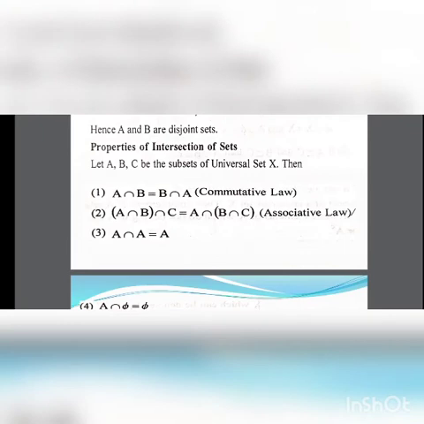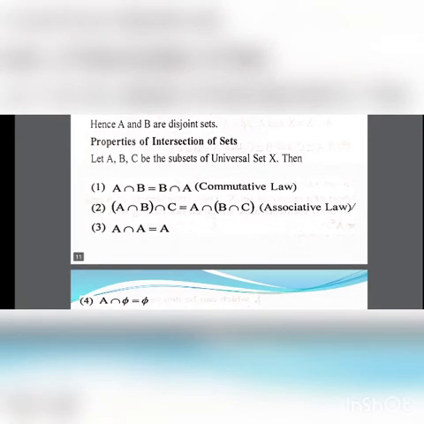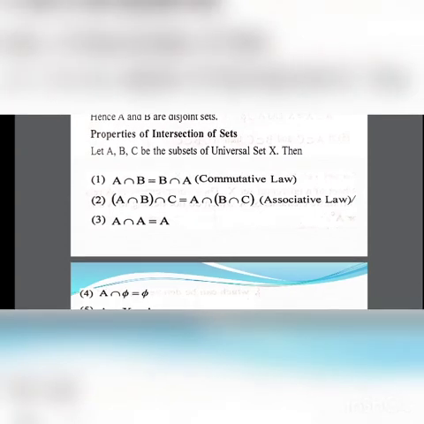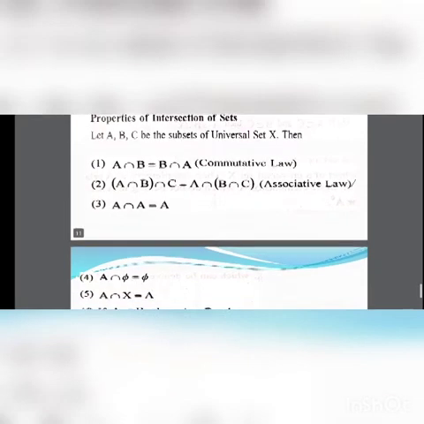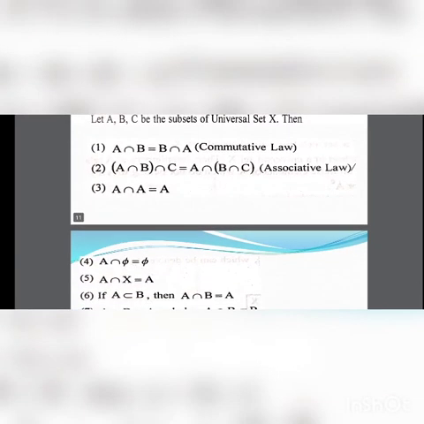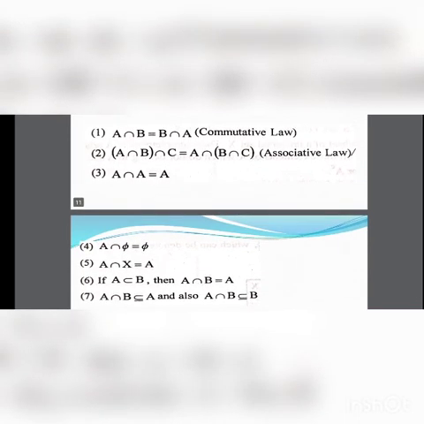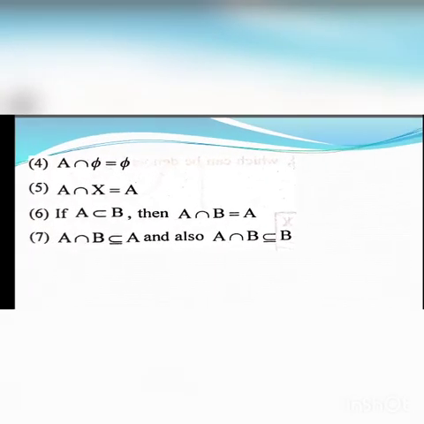The first property is the commutative law: A intersection B equals B intersection A. Next is the associative law: A intersection B intersection with C equals A intersection with B intersection C. Third property is A intersection A will be equal to A. Fourth is A intersection phi will be equal to phi, because the common elements between A and phi are phi. So here the answer is phi.